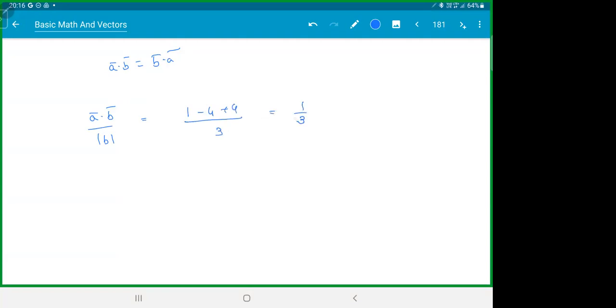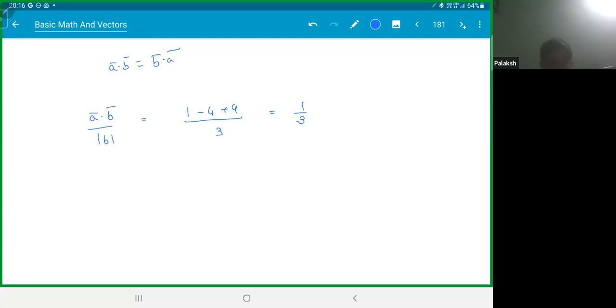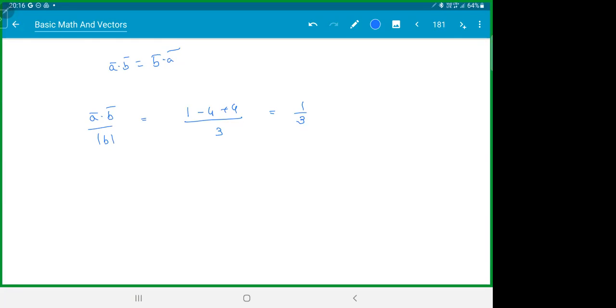What does the dot product come to? 1 minus 4 plus 4, so that is 1. Magnitude is √3 only. What answer did you give for 47? There is no answer actually. Actually the first option was 1/3, it became 7/3 due to a misprint. The answer to 47 is 1/3.